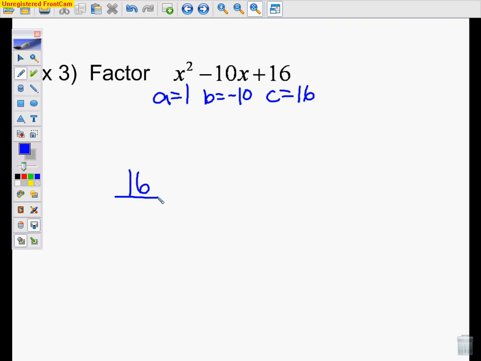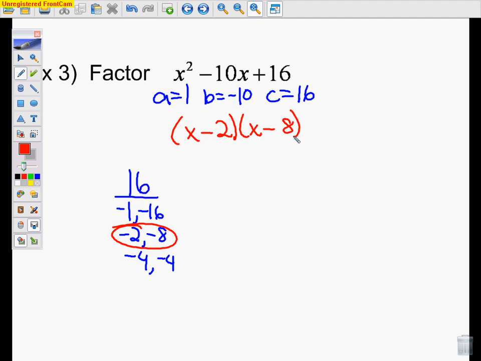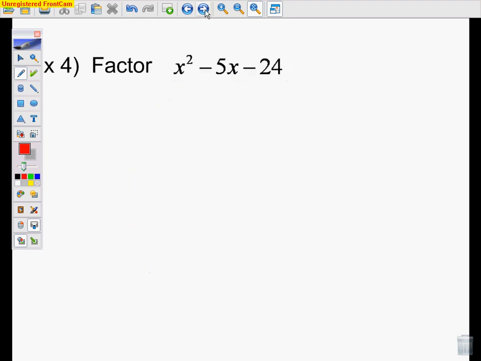All right, things such as negative 1 and negative 16, negative 2 and negative 8, negative 4 and negative 4. Now, out of these, which of them adds together to give you negative 10? Well, negative 2 and negative 8. So our answer, x minus 2 times x minus 8. And there you go. Let's move on.